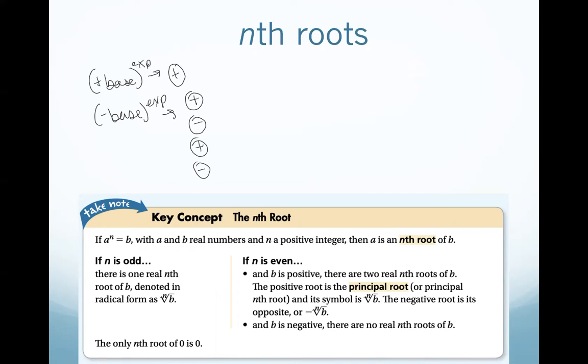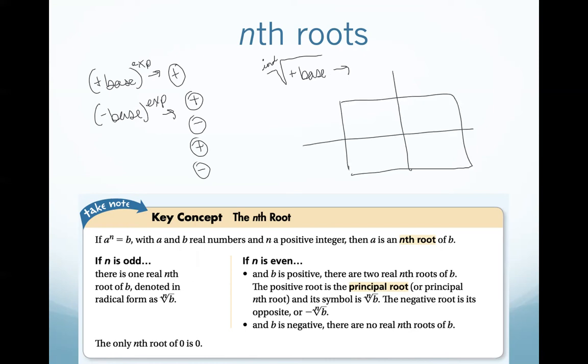If I have a radical with an index, this gave us a couple cases. We have if the index is odd or even, and then we have if the base is positive or negative.